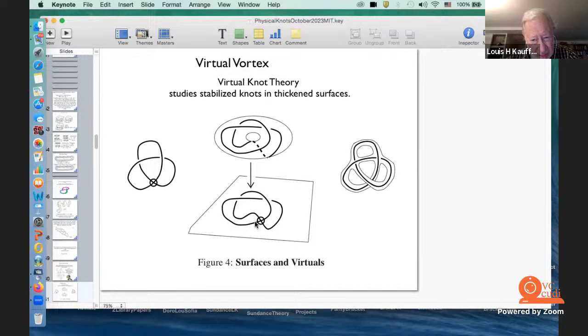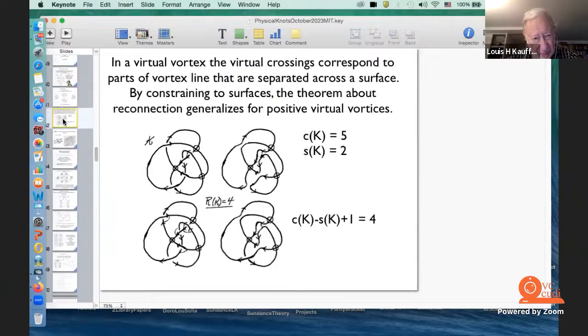You see, when I make a sketch drawing of a virtual knot like this, these points are likely to be way across a surface from one another. So they're not available for reconnection. Other places are available for reconnection. We can do the same kind of work that I did before, and we can find out bounds on reconnection for virtual vortices. But the question is whether some modification of this abstract idea of a virtual vortex might be of use. So that's a question I'm raising.